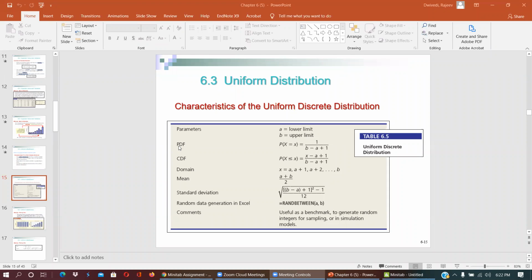Probability distribution function, PDF, cumulative distribution function. This is the formula of PDF, this is the formula of CDF. This is the mean formula, this is the standard deviation formula, because in each distribution, these PDF, CDF, mean, standard deviation will change.